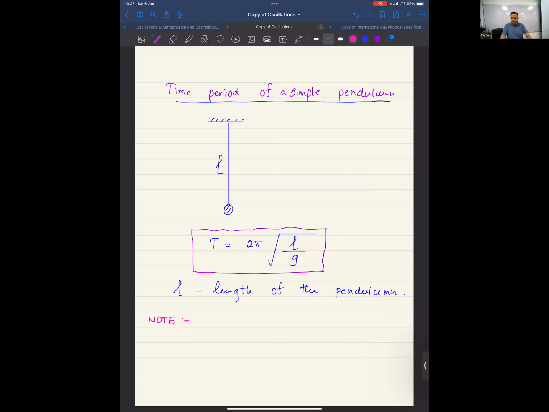I'm giving a note common for both the spring and the pendulum. So that's what I meant here. Time period of the simple harmonic motion doesn't depend on the amplitude of it.